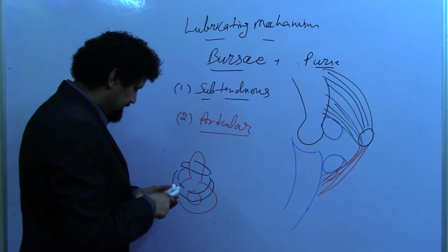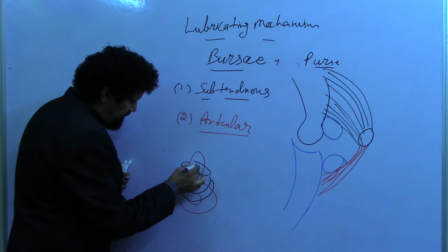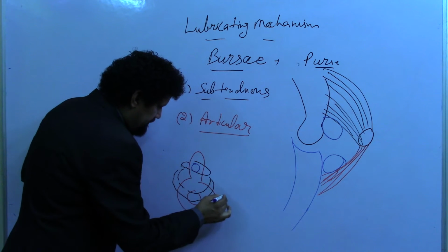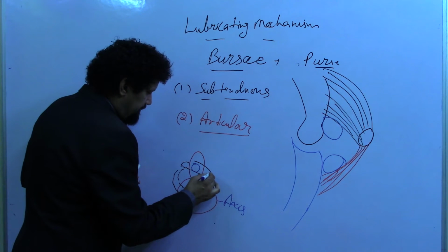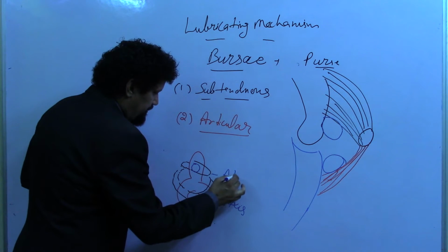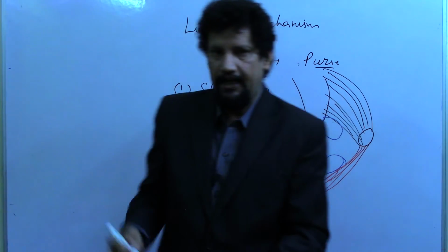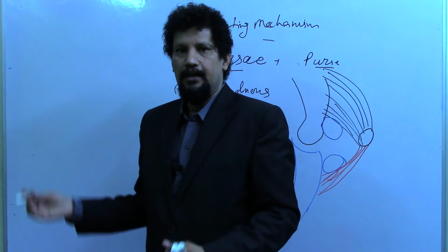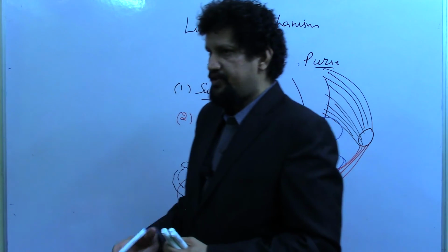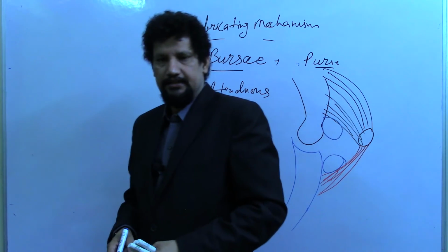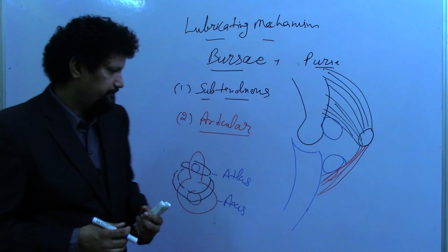This is the axis, that is the second cervical, and this is the atlas, that is the first cervical vertebra. Between the dens of the axis vertebra and the transverse ligament of the atlas, a bursa is seen. This bursa is the articular bursa.